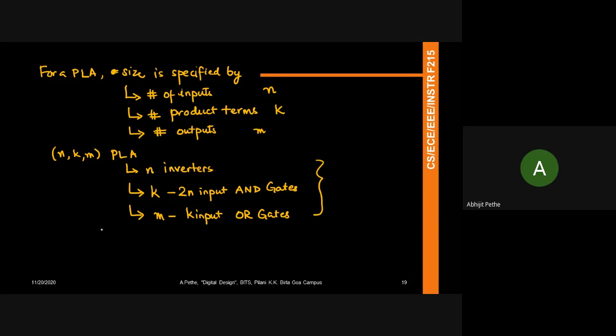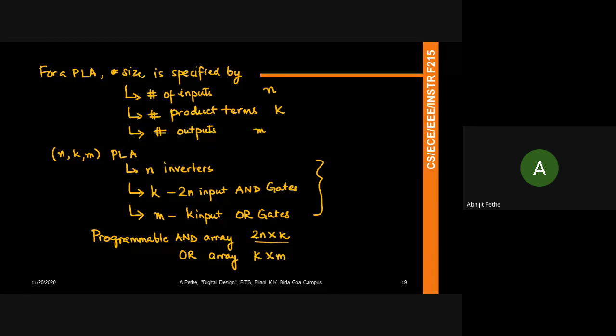So we say that the programmable AND array is a 2N cross K array, that is, they have 2 times N inputs, and we have K product terms that we can generate. And similarly, the programmable OR array is made up of K times M. Right? So these are the number of switches you need to think about.